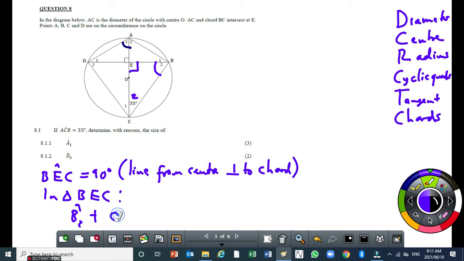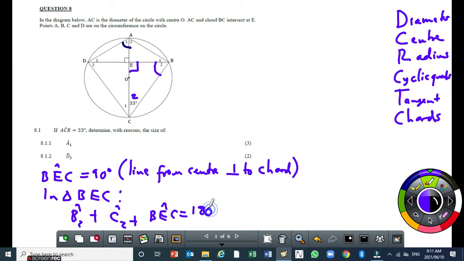But you have to indicate on the diagram that you have called it C2. Don't just say angle C when there are 2 angles here. You have to name the angle, especially if there's more than one angle, you need to be more specific. Plus angle BEC.